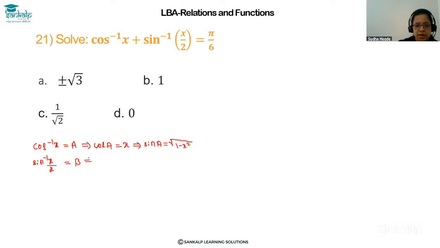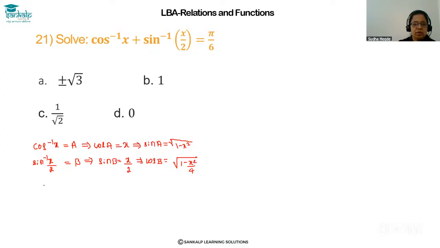Similarly, let me take sin inverse x by 2 is equal to B. This implies sin B is equal to x by 2. This implies cos B is equal to square root of 1 minus x square by 4.